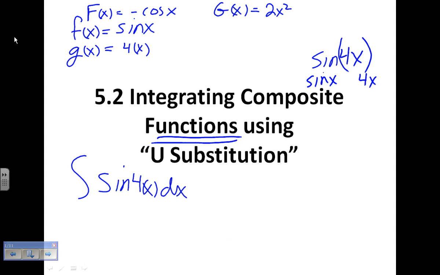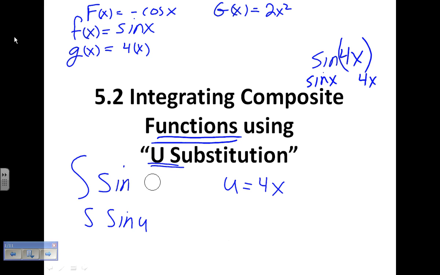So, if I let u equal 4x, all of a sudden I get the sine of u. Now, in the first one, if I have 4x, this dx tells me my variable is going to be x, right? So far, so good?